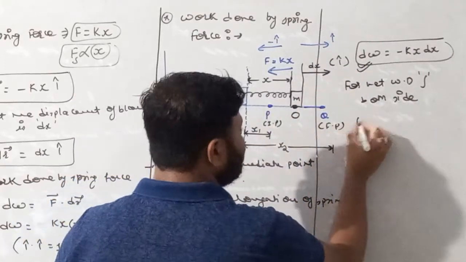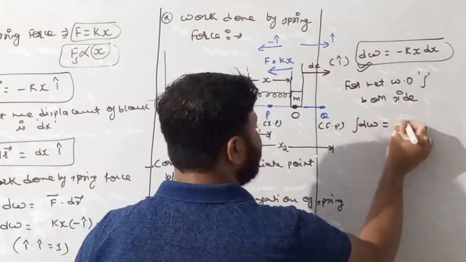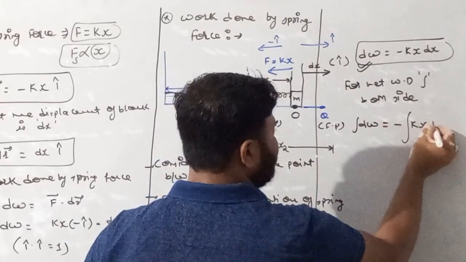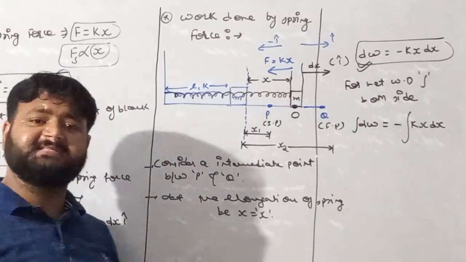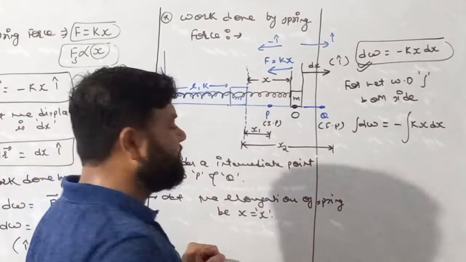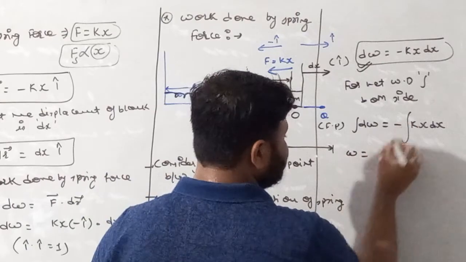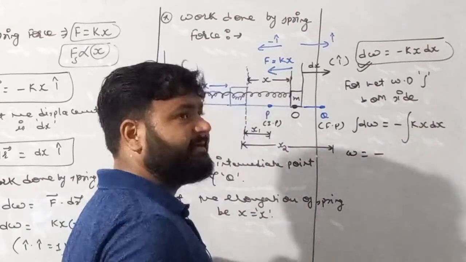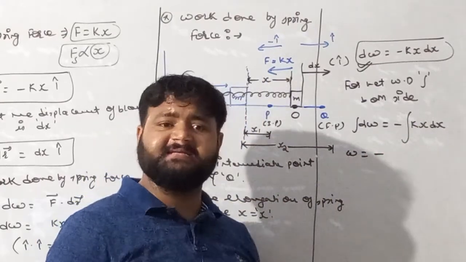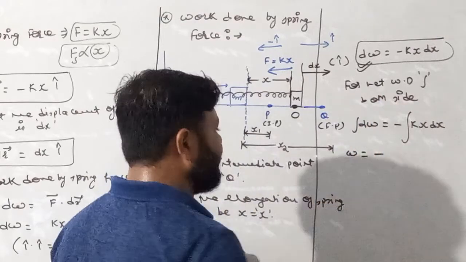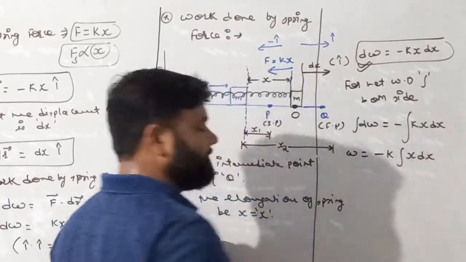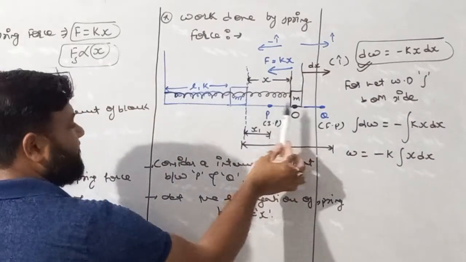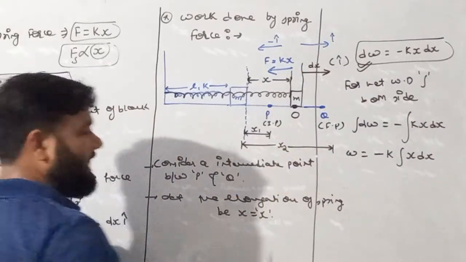So integration of dw is equal to minus integration of kx dx. Now as we know, integration of dx is x, so integration of dw, obviously w, is equal to minus k, because in integration we take the constant outside, integral of x dx.